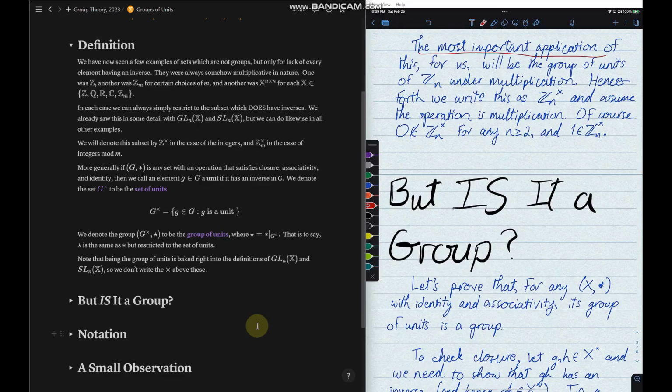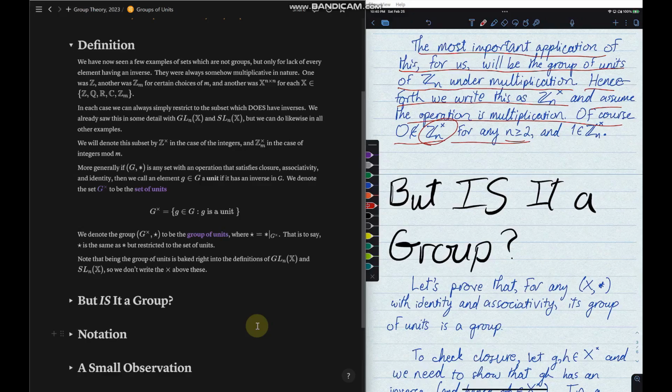The most important application of this for us will be the group of units of Z mod n under multiplication. Henceforth, we will write this as Z mod n cross and assume that the operation is multiplication. Of course, 0 is never going to be an element of Z mod n cross for any n greater than or equal to 2, right?